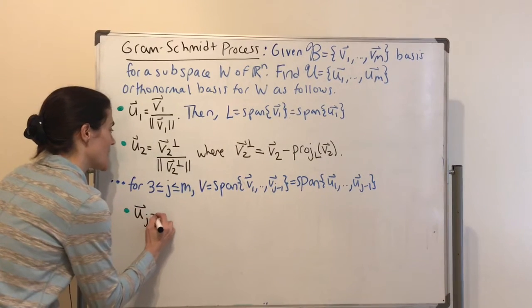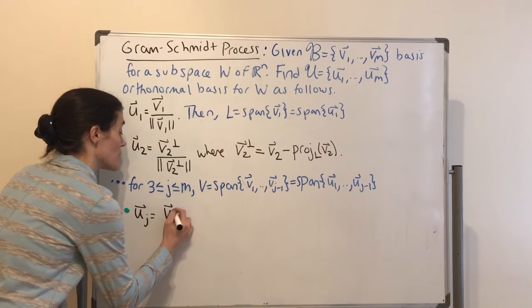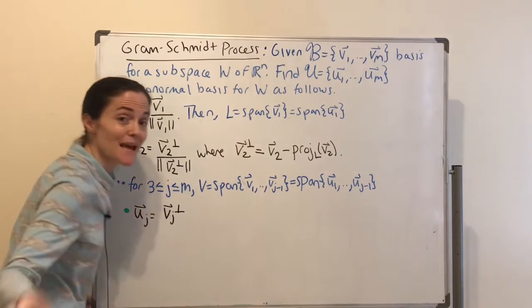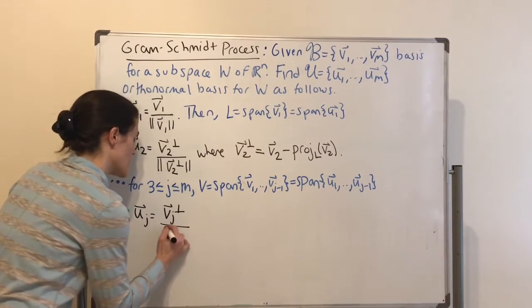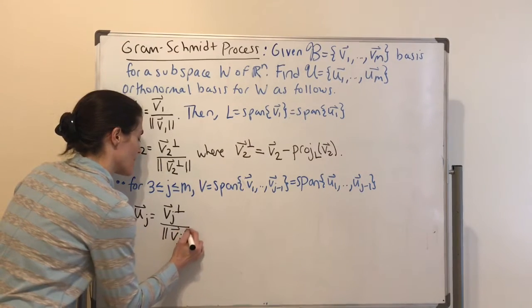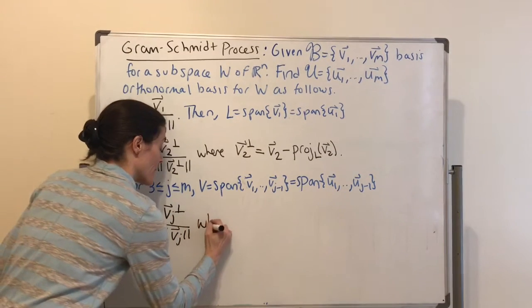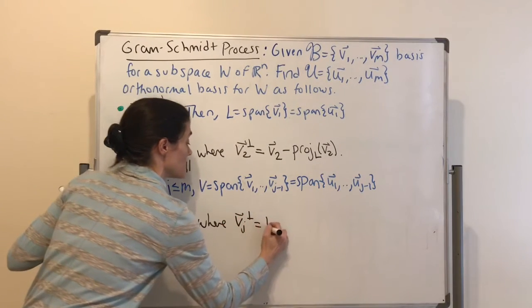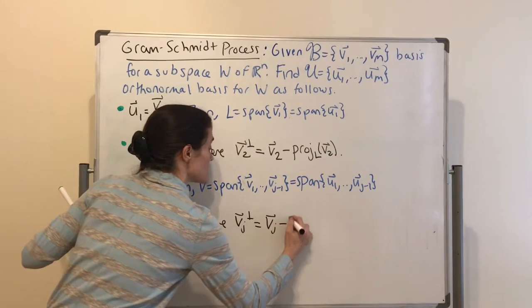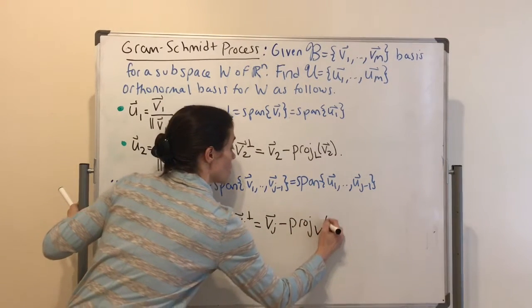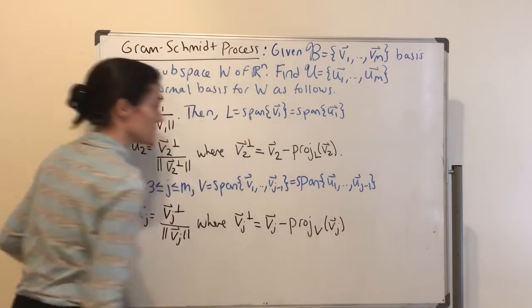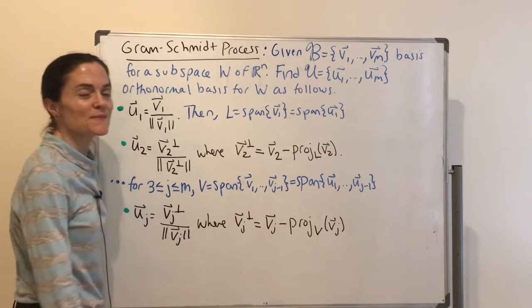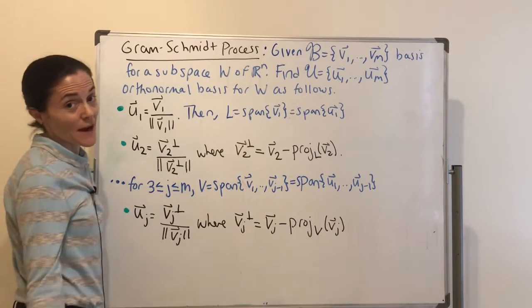We take the component of Vj orthogonal to this subspace and divide by its length, where this is Vj minus the projection of Vj onto the subspace. And this, projecting on a general subspace, was the last video: orthogonal projection.